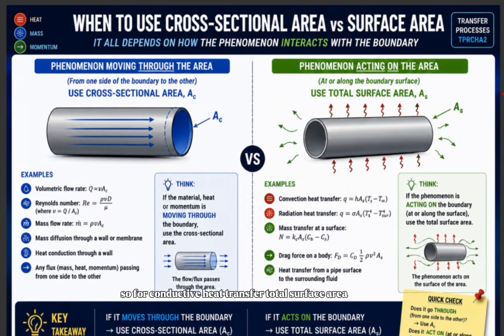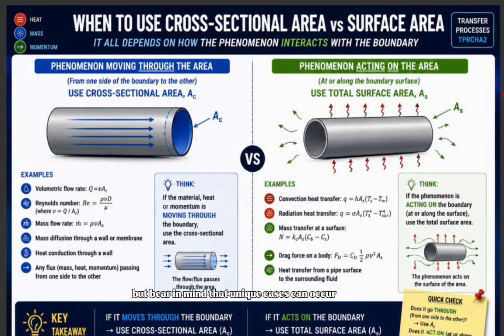So for convective heat transfer, total surface area; radiation heat transfer, total surface area of the sphere, the cylinder, or the flat plate; and then mass transfer, you're also going to be using that kind of area. And there are other things that people use the total surface area for.